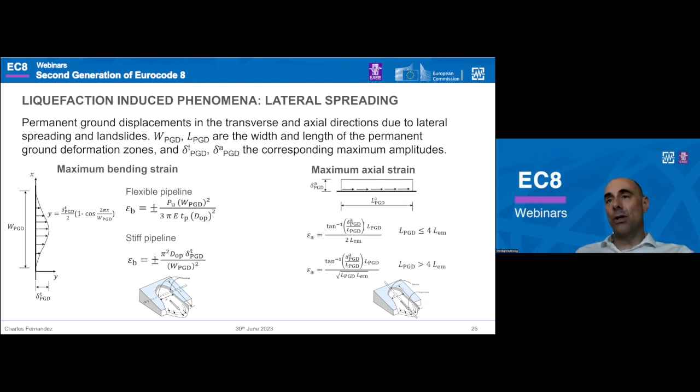And there are two approaches for flexible and stiff pipelines that can be used. But we have also to consider the axial strain that is generated if the pipeline is installed in the direction of the landslide, which is shown here on the right side. And in this case, we have also two approaches to calculate the maximum strain.